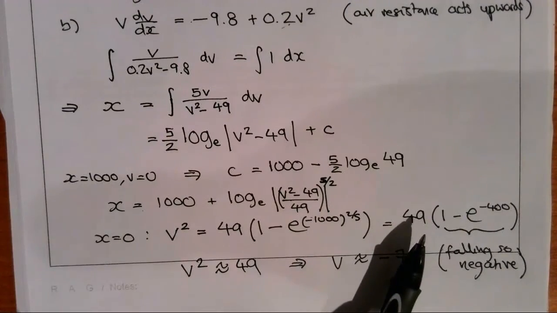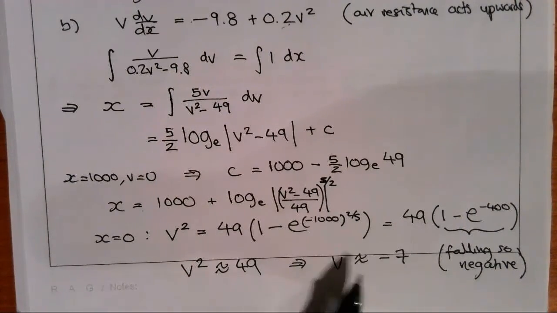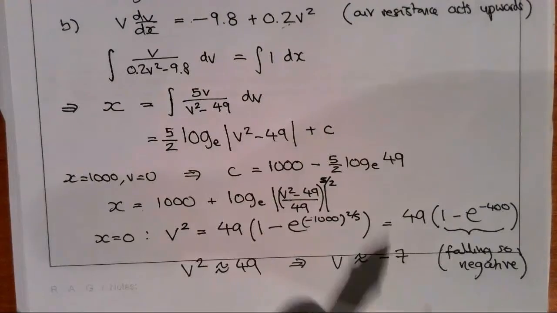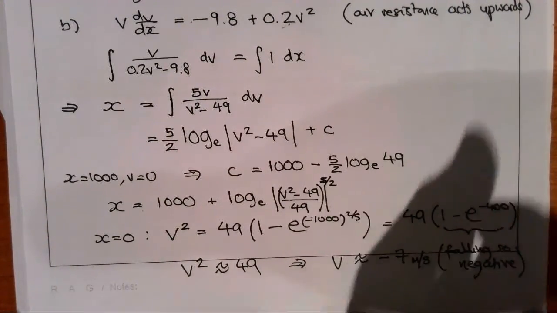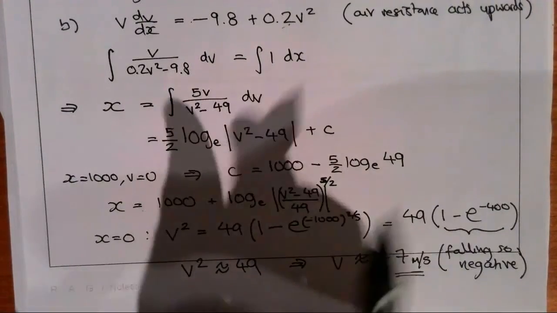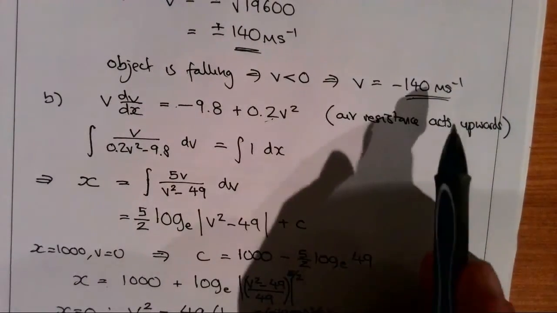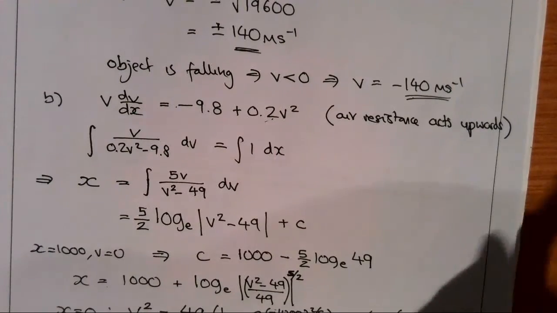Doesn't matter how high the thing goes, the velocity is going to level out at minus 7, which is obviously much smaller than the answer we had for part A, which was minus 140.